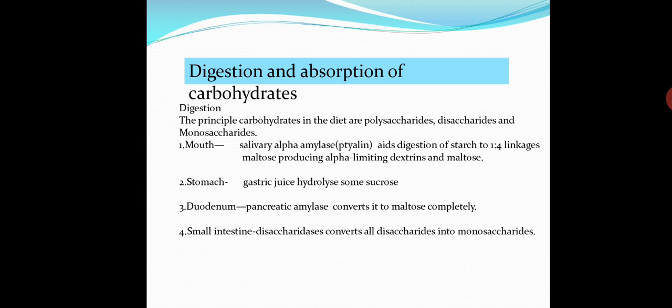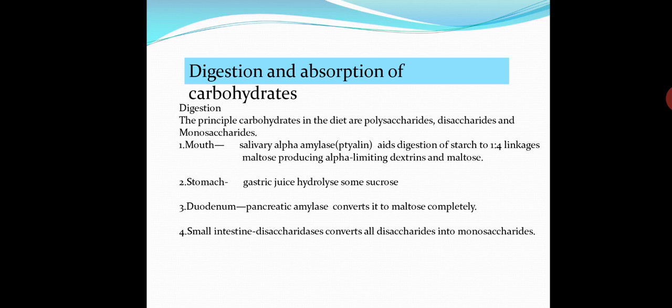Maltose gets converted to 2 units of glucose. Lactose in the presence of lactase gets converted to glucose and galactose. Alpha-limit dextrins in the presence of alpha-limit dextrinase convert to glucose.